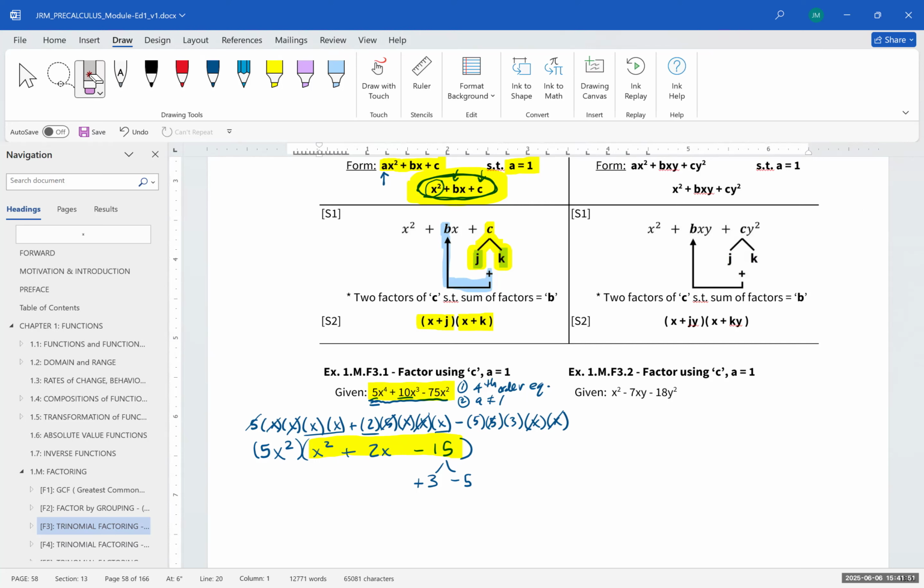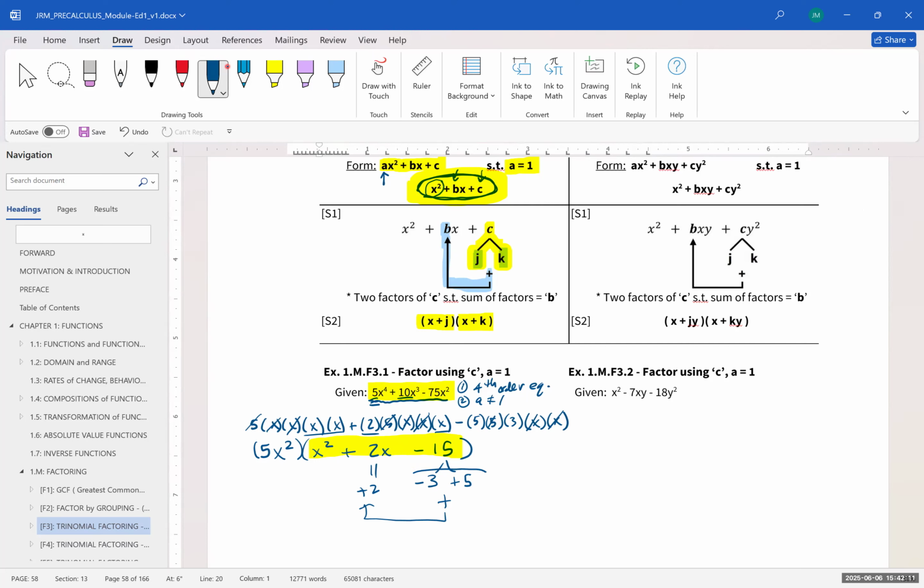Well, what if instead of being a positive 3 and a negative 5, this was a negative 3 and a positive 5? Then if we add these two together, negative 3 plus 5, that does give us a positive 2, and those are equal.